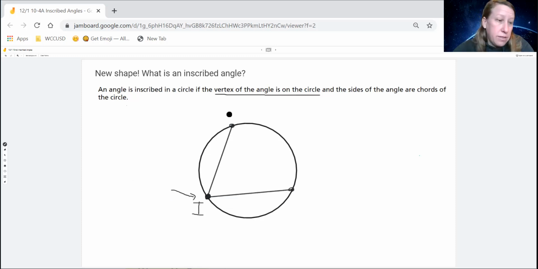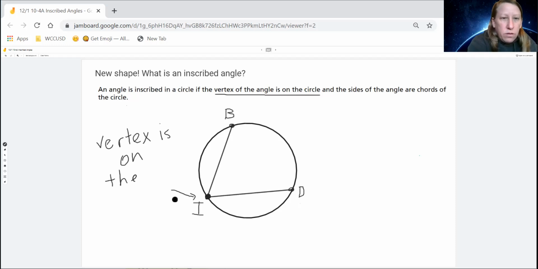So I can name this angle BID. Where's the vertex? The vertex is on the circle. Not inside, not outside. The vertex is on the circle. It means it's a part of the points that make up the circle. All right, that's what an inscribed angle looks like.